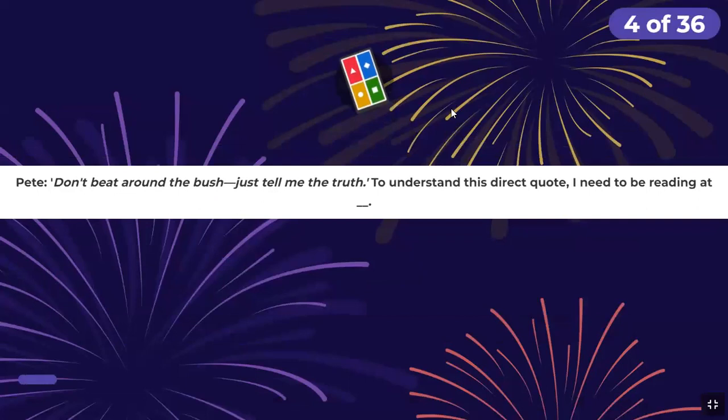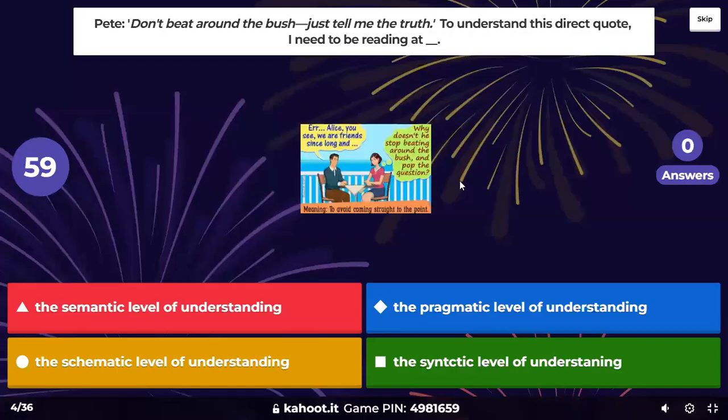Now this is a double score question. Pete, don't beat around the bush. Just tell me the truth. To understand this direct quote, I need to be reading at which level? Is it the semantic level, the pragmatic level, the schematic level, or the syntactic level?